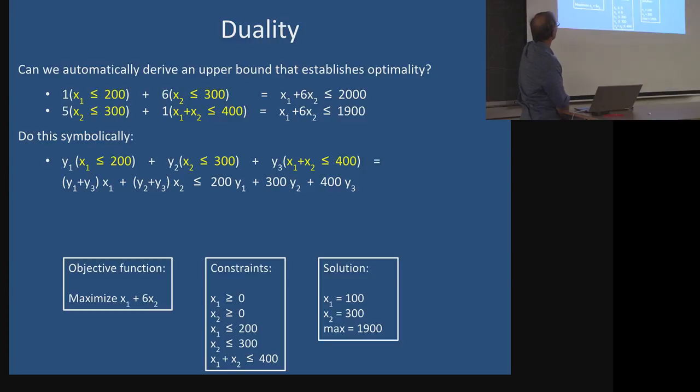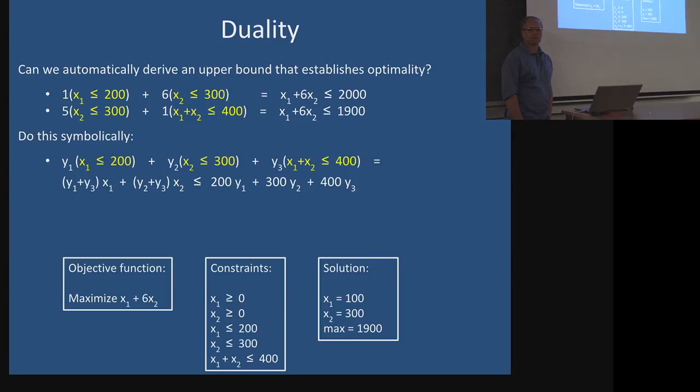What property do we want the thing right here to have? We're trying to put an upper bound on this objective function. When we chose the 1 and the 6, why did we choose them? Why do we use 5 and 1 in the next one?